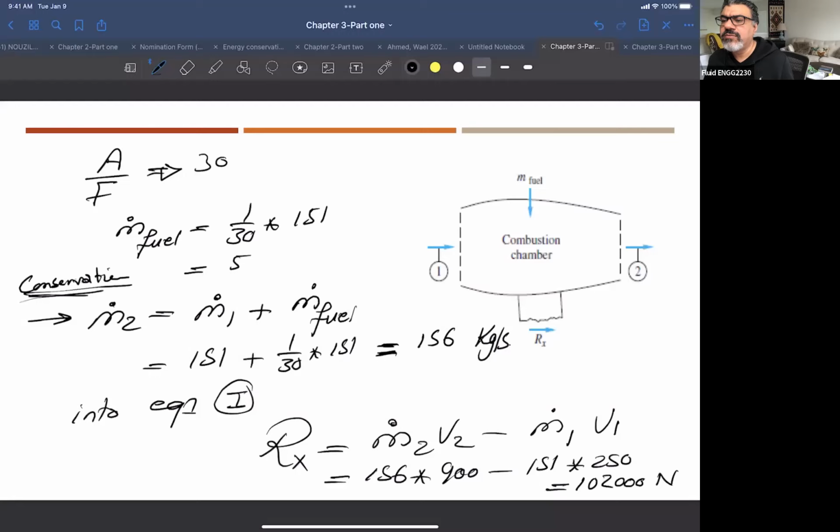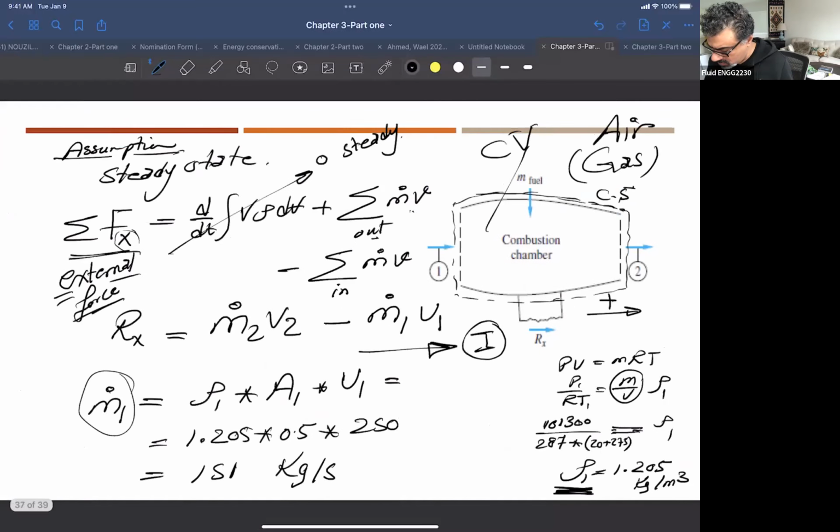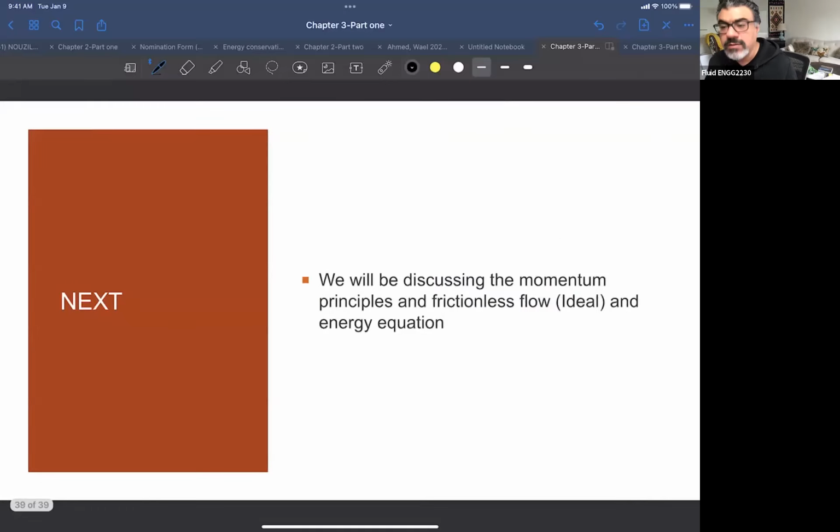What are the values for the denominator? In MRT, that R is the gas constant, and it's air in this case, 287. And the T is the temperature in absolute terms. Okay, so we need to move a little bit. 8.13, this is the universal gas constant, and please go back to our first chapter.